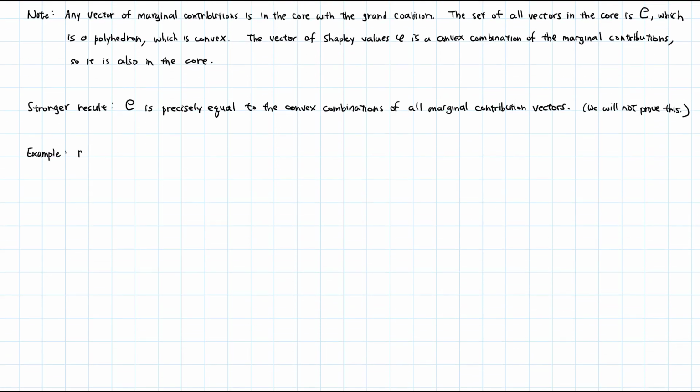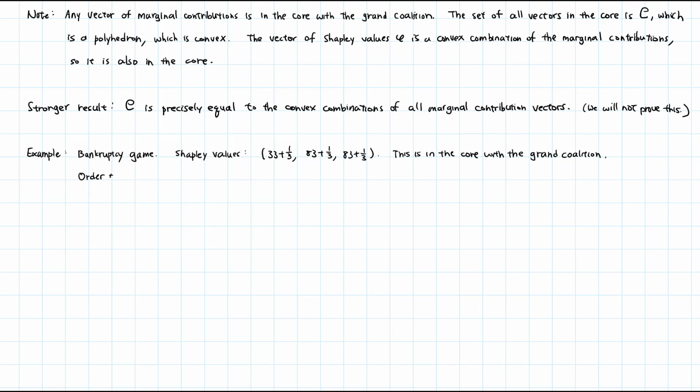Back to our example in the bankruptcy game, the Shapley values are 33 and a third, 83 and a third, and 83 and a third. And this is in the core with the grand coalition. If we order the players in some way, say sigma is 3, 2, 1, the marginal contributions are 100, 100, and 0 each. So this is also in the core.